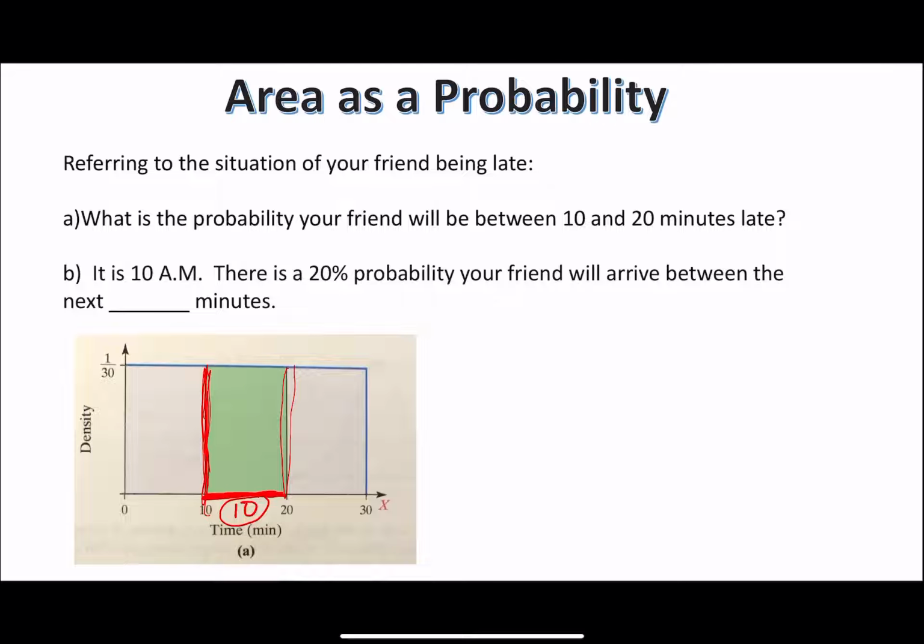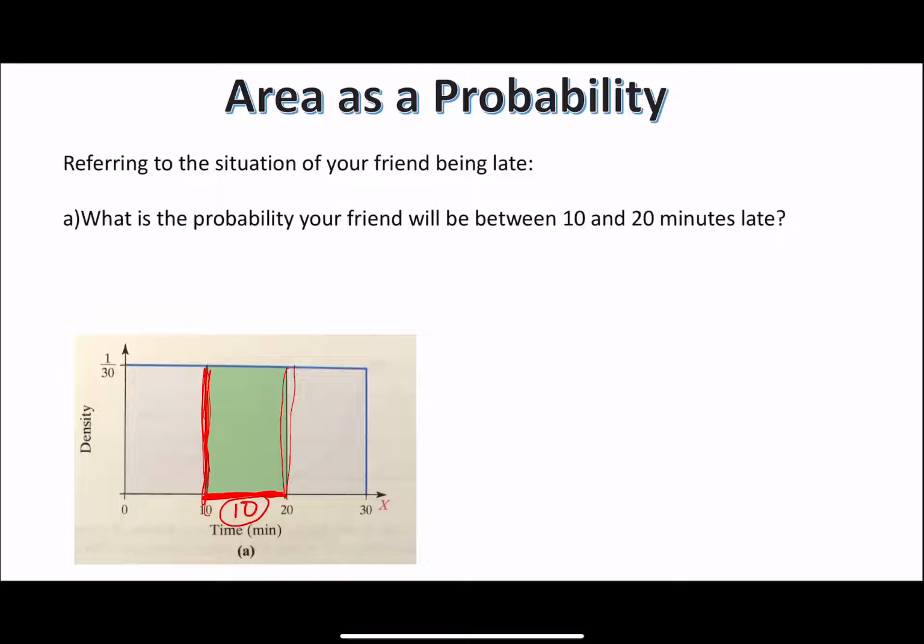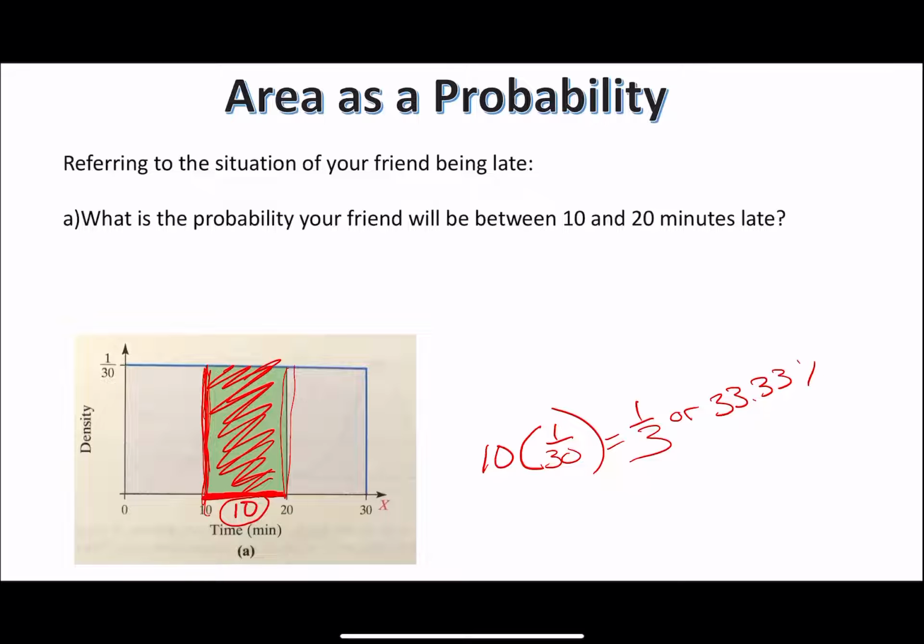So we're just going to find this area right here, which gives us the probability that they're going to be between 10 and 20 minutes late. 10 times 1 over 30 equals 1/3. So there's a 1/3 chance, or 33.33% chance, that he'll be between 10 and 20 minutes late. All you're doing is finding the area of that rectangle.